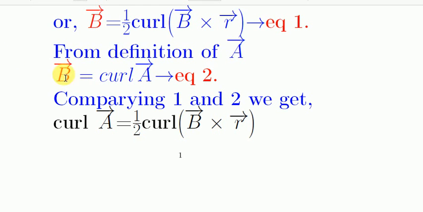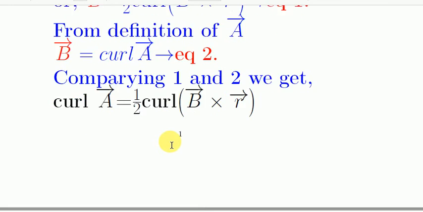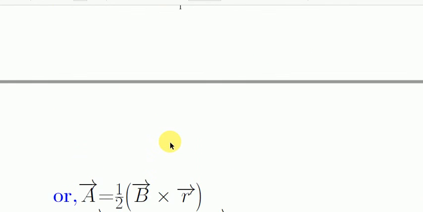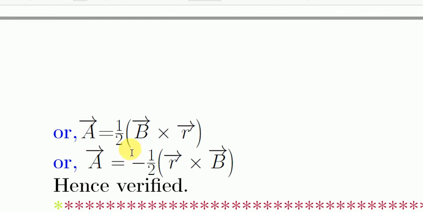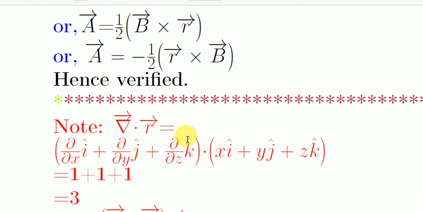And from the definition of magnetic vector potential A, we can say B equal to this, and if we compare 1 and 2, then we can easily write this equation, and so we can write A equal to half of B cross R, or A equal to minus half of R cross B. In such a way we can verify this.